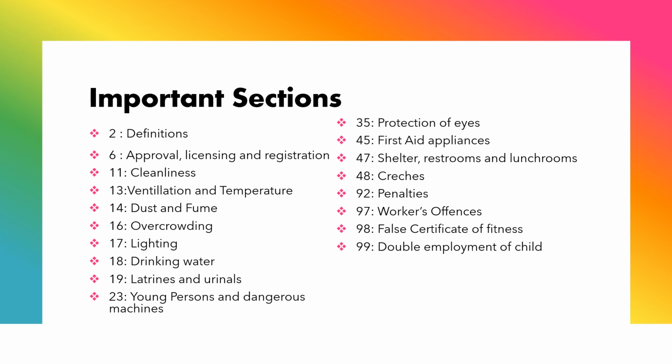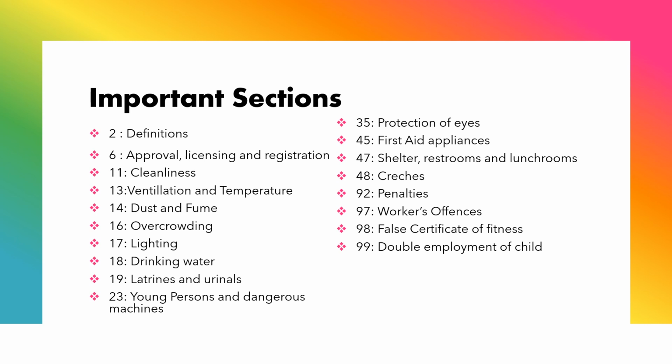Now section 92 is with respect to penalties, section 97 workers' offences, section 98 false certificate of fitness, then section 99 double employment of child. This is also a very important section because a child is permitted to work only for limited working hours per day.